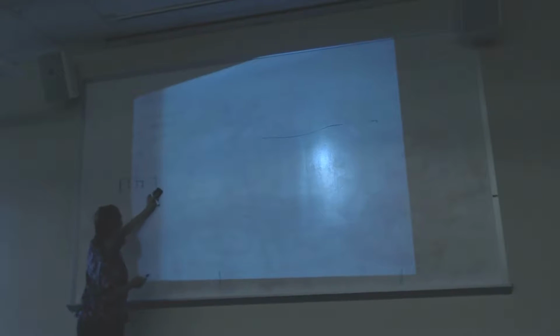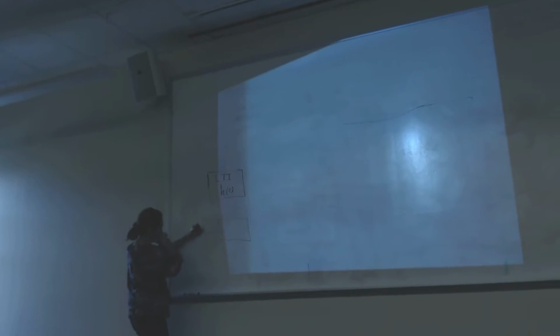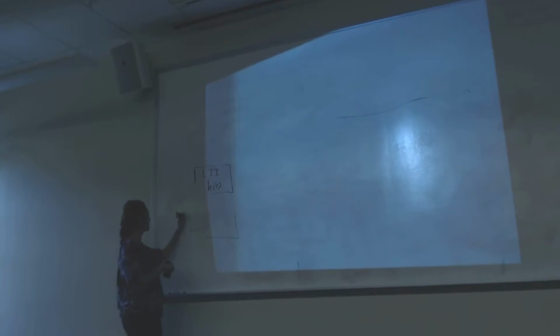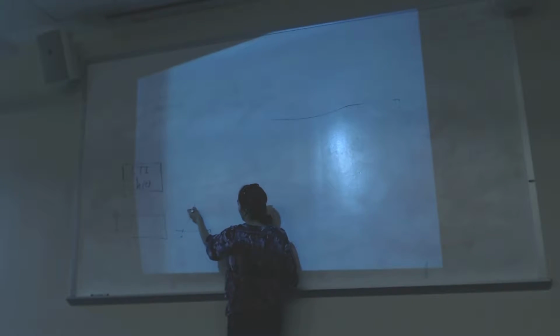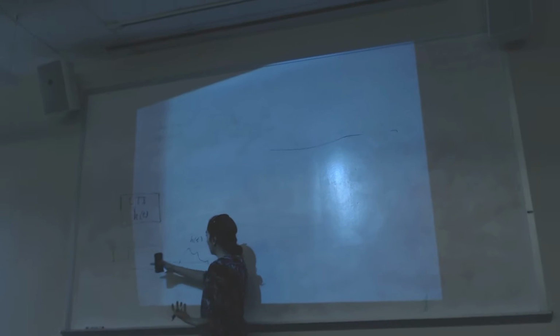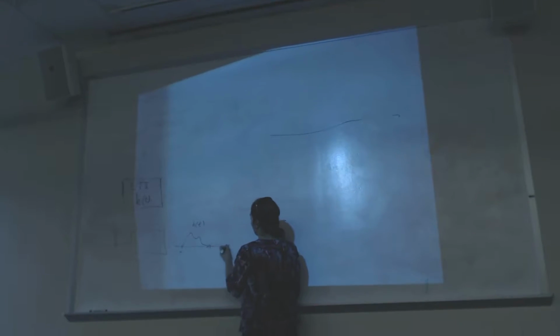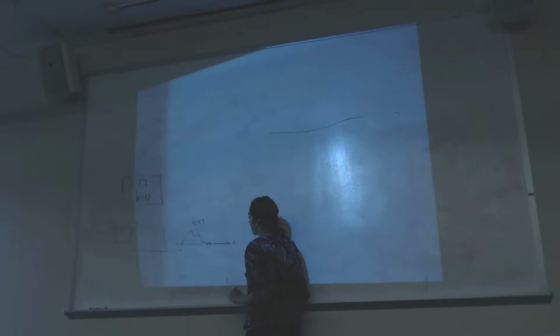The only thing I need to know about the system is the impulse response, h of t. If I apply one delta here, I see something, and that is h of t, the response of the system to the impulse.